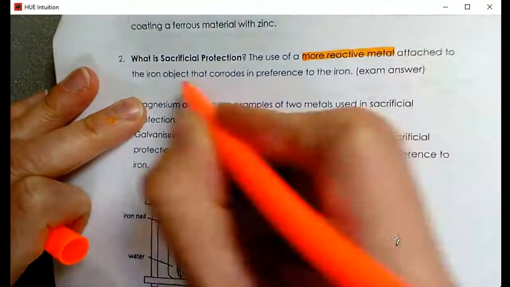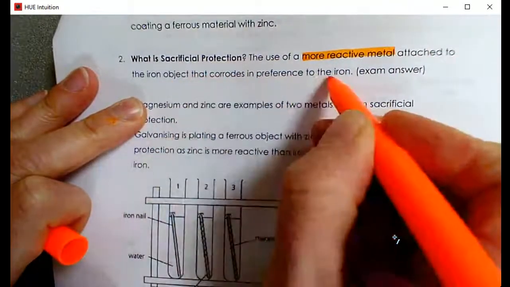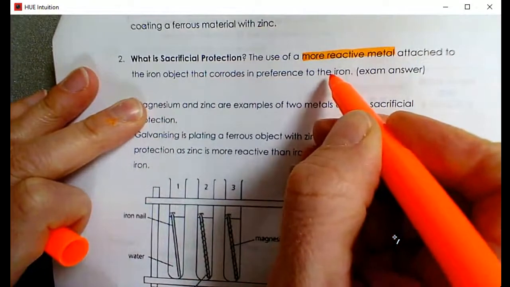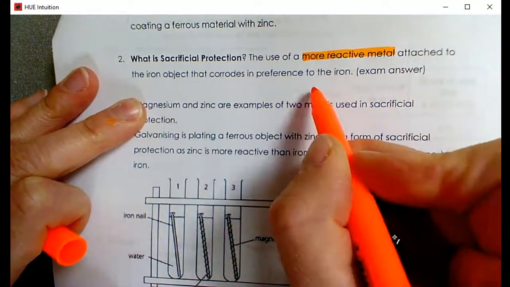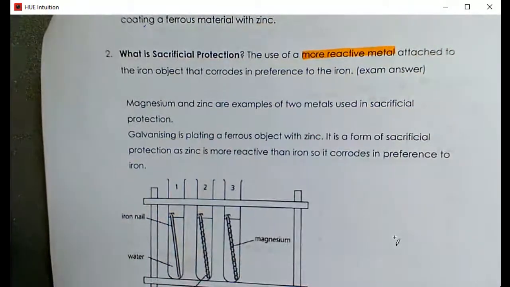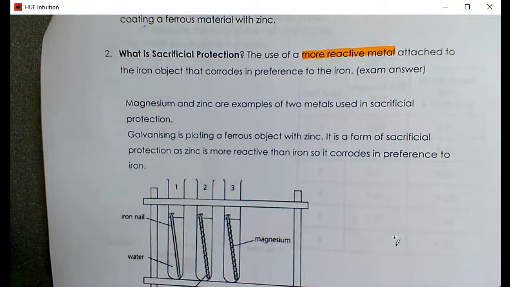And all you have to do is attach it to the iron object, and it corrodes in preference to the iron. Now, if you go back to the video, you'll see that they showed the hull of a ship, and they just showed the bars of zinc just stuck onto the hull of the ship. Now, you do not have to coat the entire object in the more reactive metal. That's the sort of amazing thing about it. You just have to attach it.